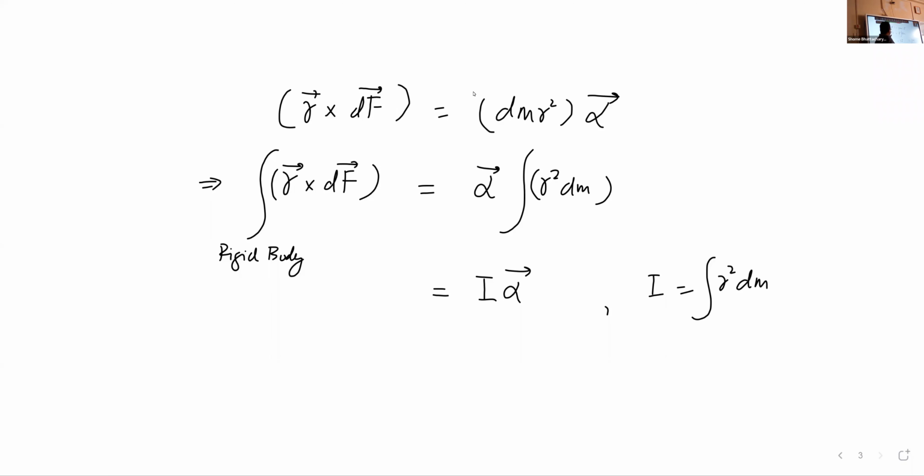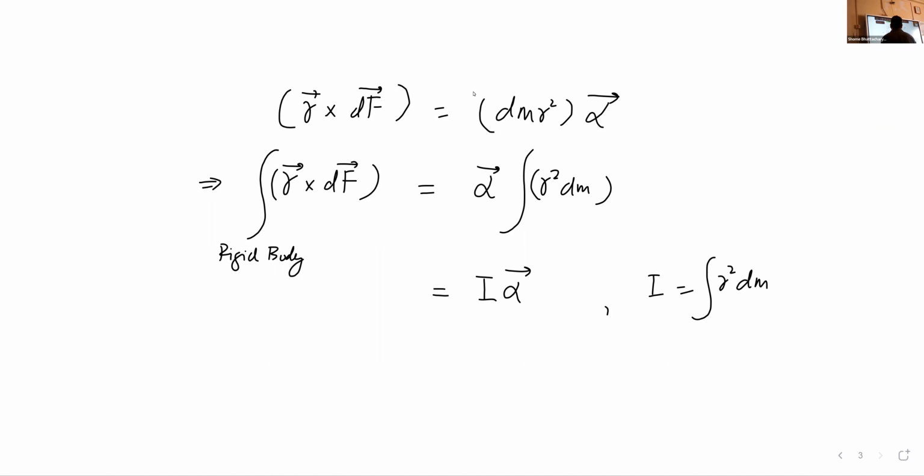This side is, now see, we are adding up r cross df for each and every particle. So that df on any particle includes which type of forces? Internal forces within the body and maybe external force from outside, depending on where the particle is located. Now, when I'm integrating over all the particles, what will happen to the torques because of internal forces? They'll cancel off. So I'll be left with only the torque because of external forces.